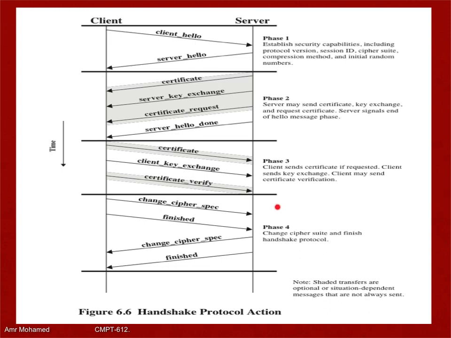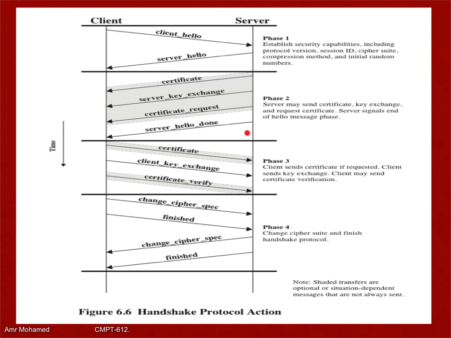The 3 phases are defined as follows. In the first phase, the client and the server exchange capabilities, for all the TLS version, what is the maximum TLS version, and so on.